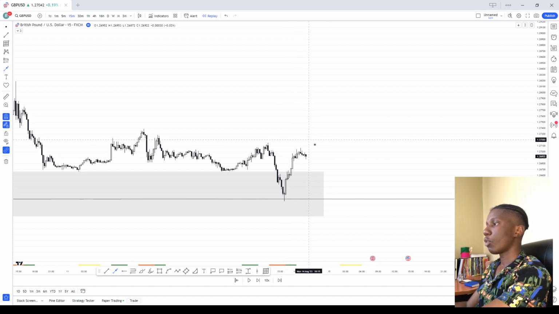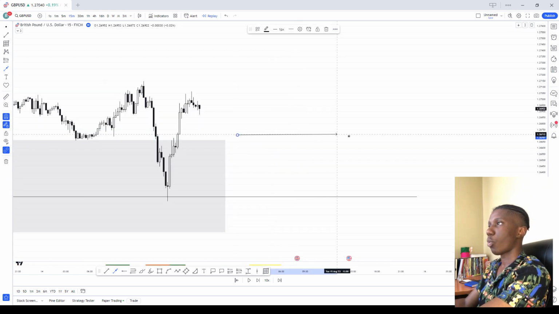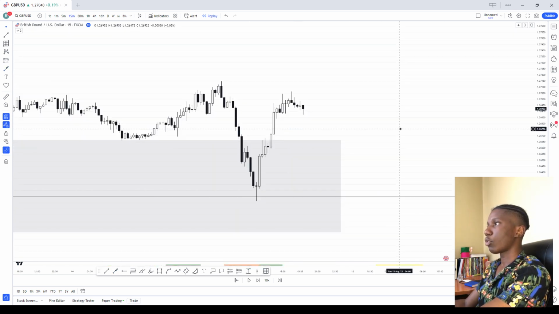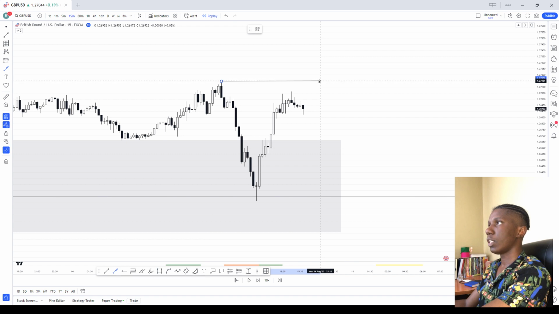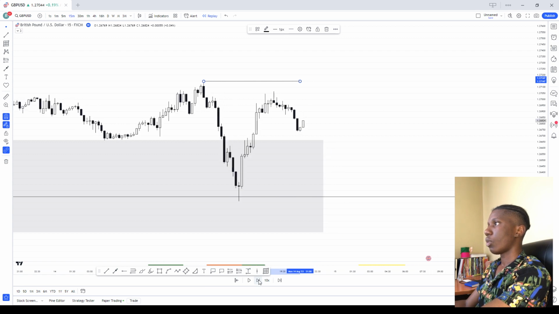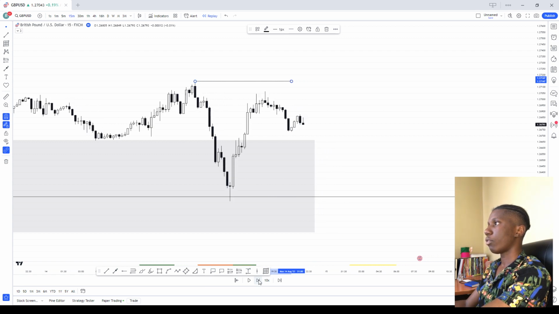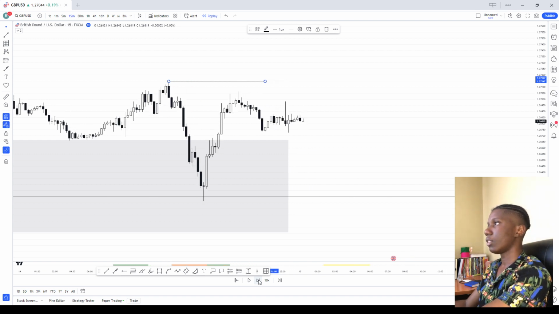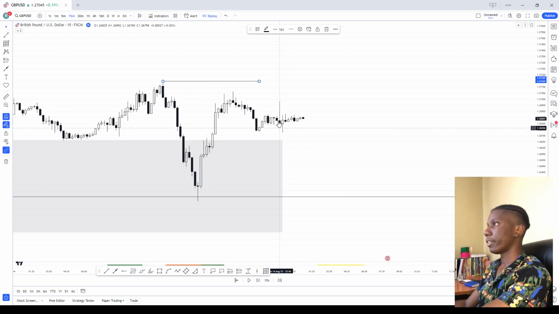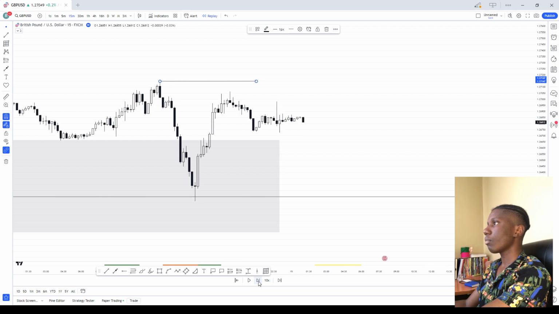So let's say that maybe you did not find this, maybe you woke up in the morning and then that was not there, according to your time zone, wherever you are. Then you actually look for more confirmation for the setup. Maybe one of the confirmations might be, I want to see a change of character right here, or some sort of shift in direction for me to start making this setup, right?